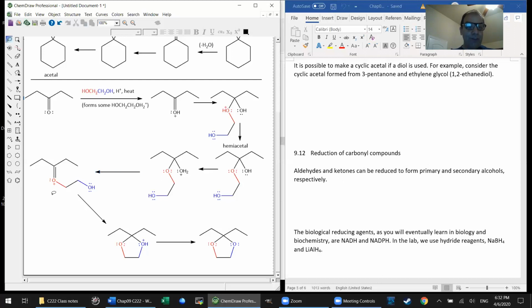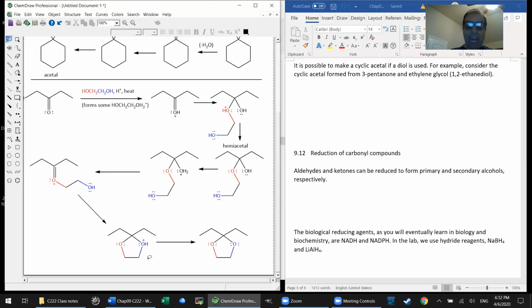So again, we lose a molecule of water. And now, rather than another molecule of ethylene glycol coming in, instead we have this nicely, readily available OH group in the same molecule. And in general, intramolecular reactions, meaning those that occur within the same molecule, are greatly favored over intermolecular reactions, those that occur between multiple molecules, most especially when, like in this case, we can form a new 5 or 6 membered ring by forming a new bond.